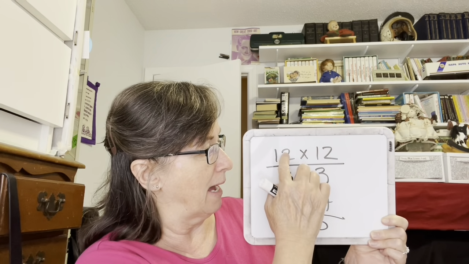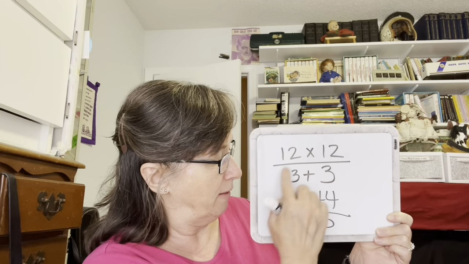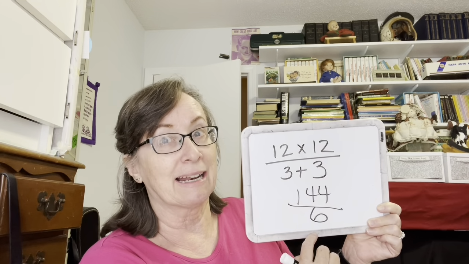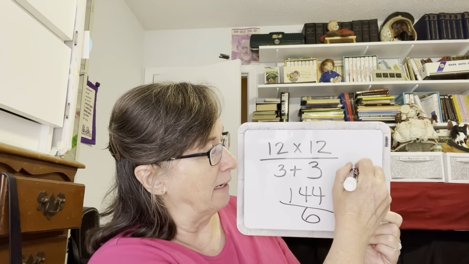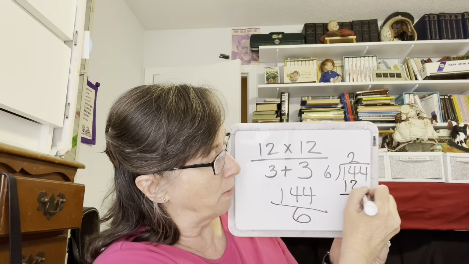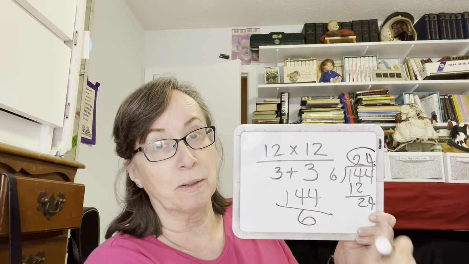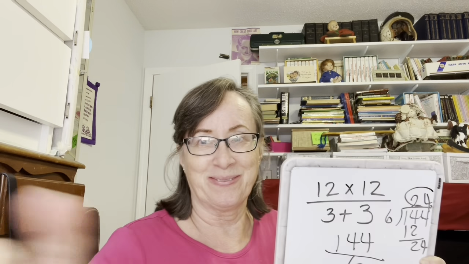We would not do it in pieces. We do everything in the numerator, everything in the denominator, and lastly, we divide 144 by 6. 6 goes into 14 2 times with a 12 and a 24 and a 4. So the answer would be 24.